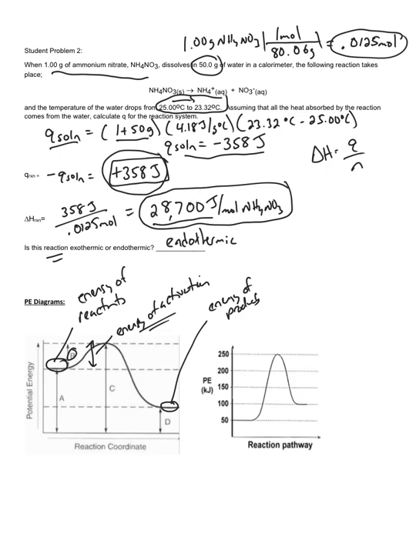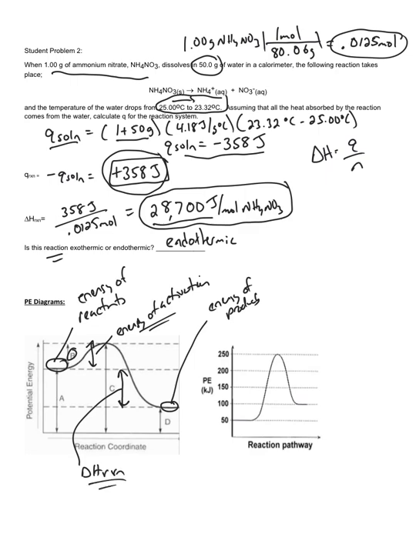If the energy of the products is lower than the energy of the reactants, the difference in height from A to D right here is the enthalpy of the reaction.